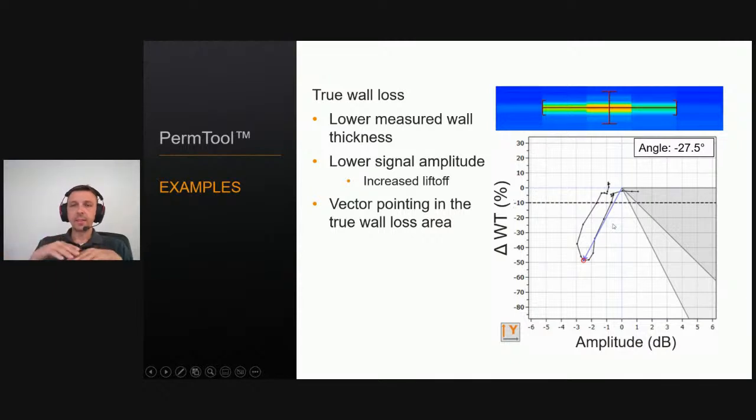It means that the distance between the probe and the bottom of the defect will increase a little bit. So the vector will go toward the bottom left. And we can also see in that case that the trace is well correlated with the vector.